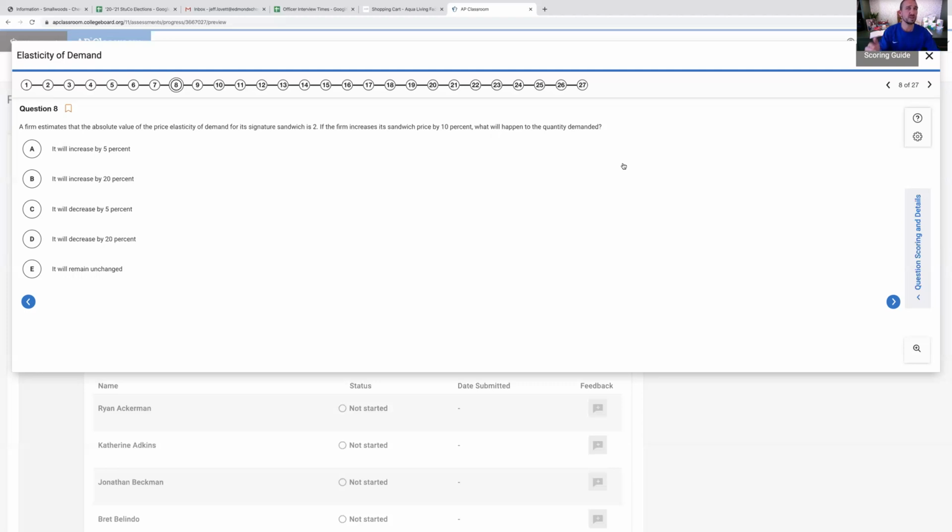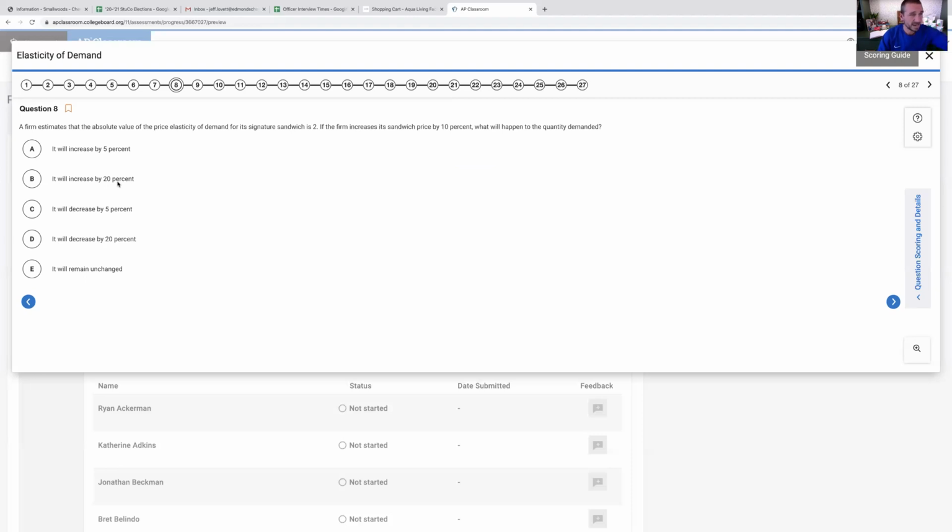Percent change in quantity over the percent change in price. So your denominator is 10, and your coefficient equals 2. So it's x over 10 equals 2, which I know is super high level, one-step algebra. Your answer there would be a 20% change. The price goes up, which means that the quantity demanded goes down. That's just the law of demand.